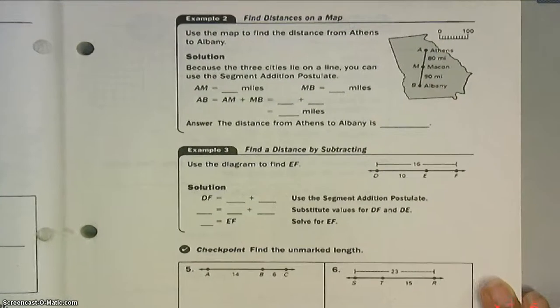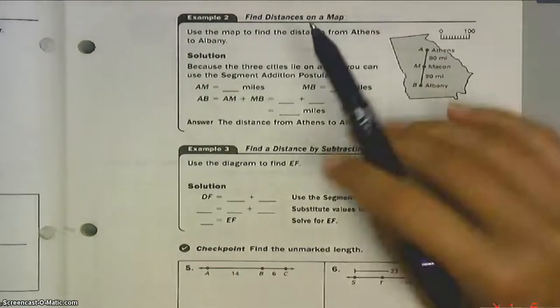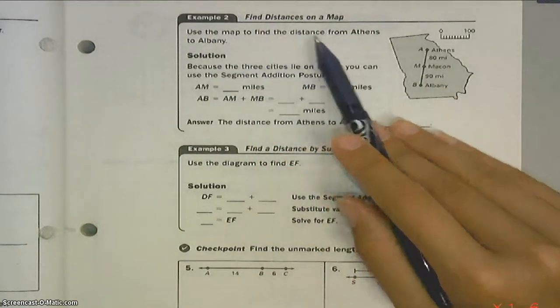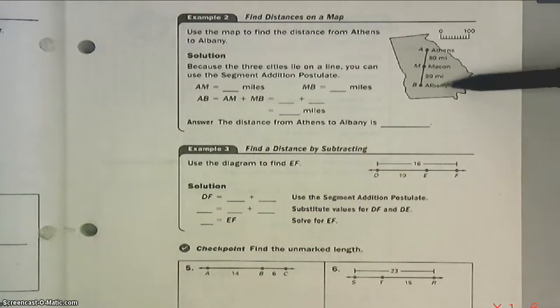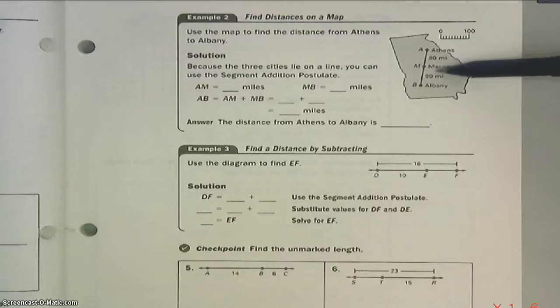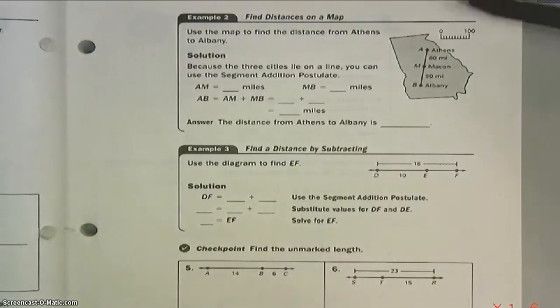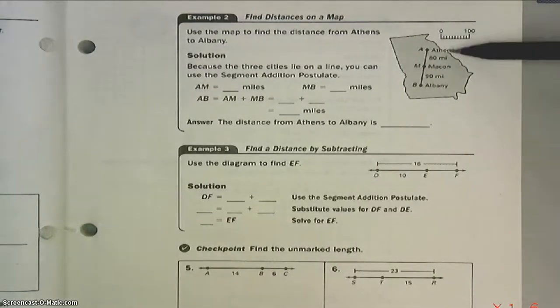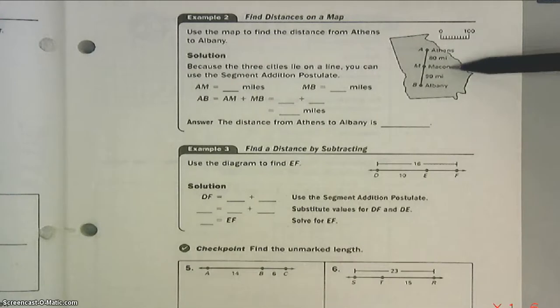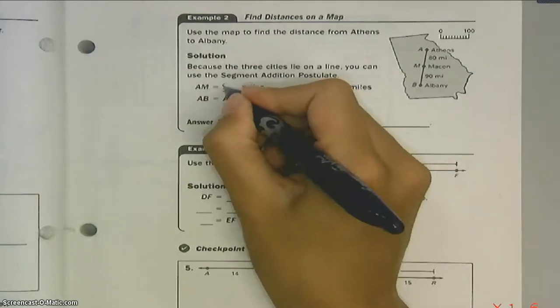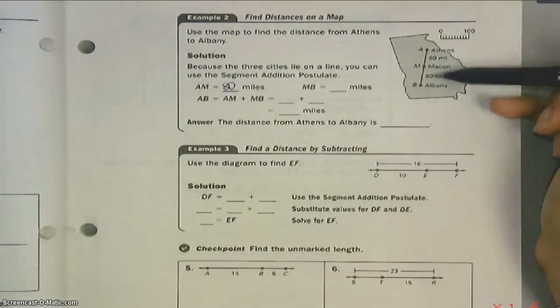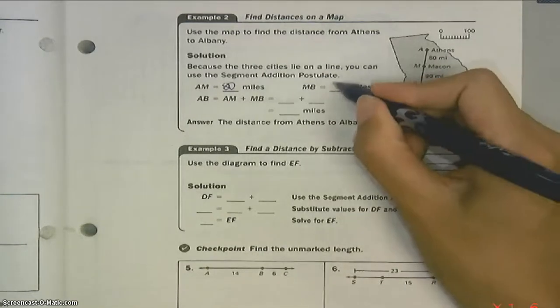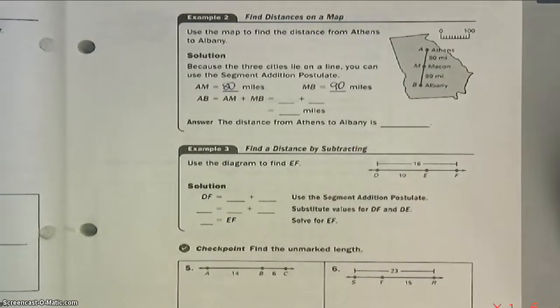Finding the distances on a map. It says use the map to find the distance from Athens to Albany. So Athens is here, Albany is down here. Looks like we're going to take a pit stop here at Macon. All right, so if we go from Athens to Macon, that's 80 miles from A to M. And then when we travel from Macon to Albany, that's 90 miles.